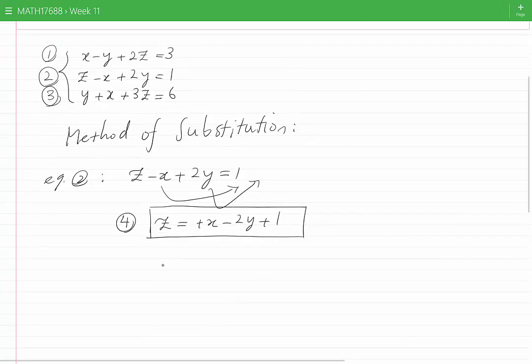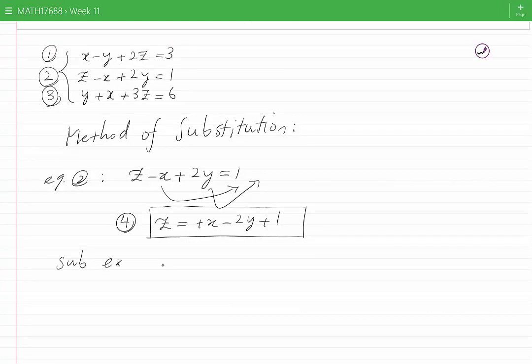Now sub this expression for z in the remaining equations. Let's look at equation 1.